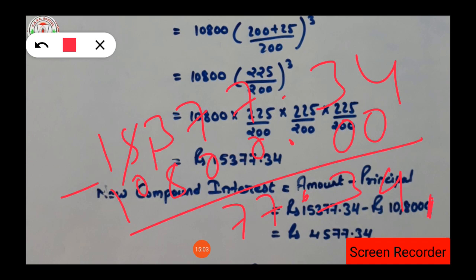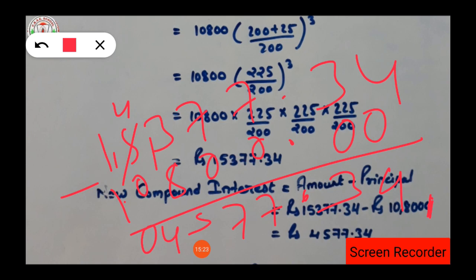Now it will take 13. 13 minus 8 will be how much? 5, and here 4 is left out. 4 minus 0, 4, and this will become 0, isn't it? So what is the number we are getting? That is 4,577.34 rupees we will get after the subtraction.